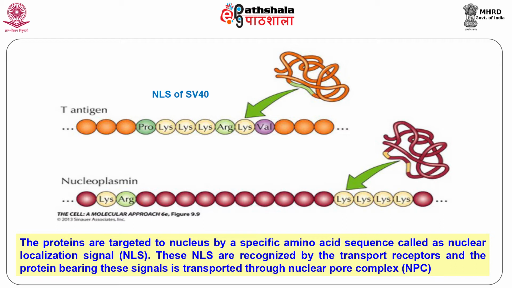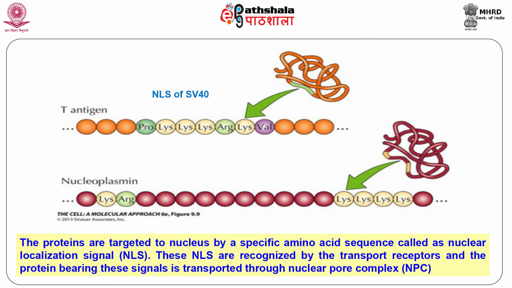The proteins to be imported contain a specific amino acid sequence called nuclear localization signal. These signals are recognized by the transport receptors, and only those proteins which have these signals can pass through nuclear pore complex.